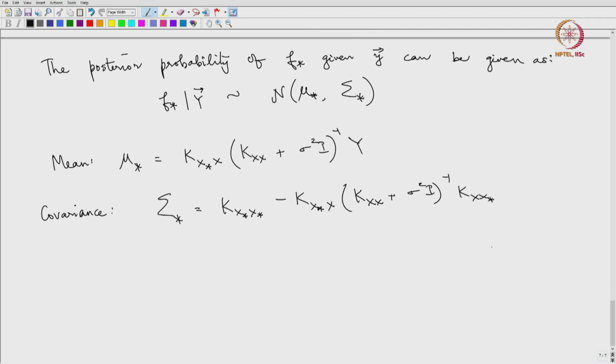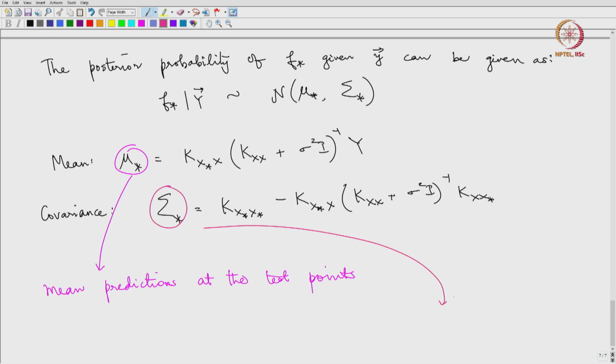Okay. So, now what is the physical interpretation of this mean and the covariance? So, the mean mu star, these are the mean predictions at the test points. Okay, so, that is the prediction you will tell someone, right. So, if you want to know what the target variable is at a test point, that is the value you will provide to the person who is asking the question, and this sigma star, which appears in a normal distribution, is the variance here.